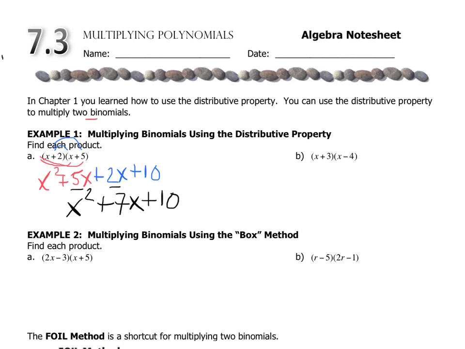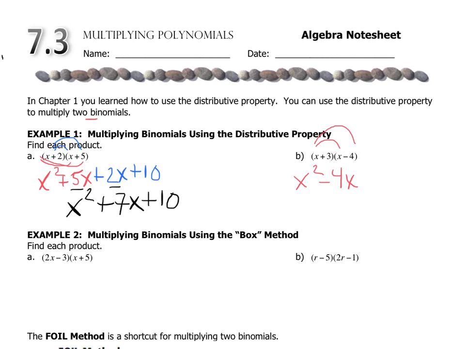So for example B, same thing. We have two different binomials that we're trying to multiply together. Obviously the parentheses make me have to multiply everything in the first group by everything in the second group. So again, I would start with the x from the first binomial times the first term in the second binomial to get x squared. I go back to the x to multiply it by -4 to get minus 4x.